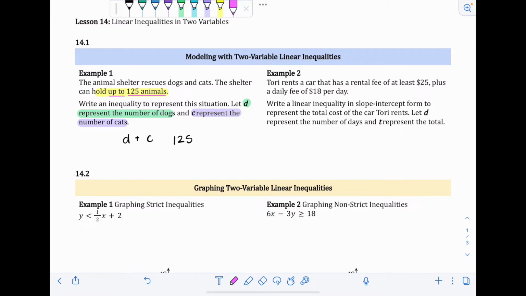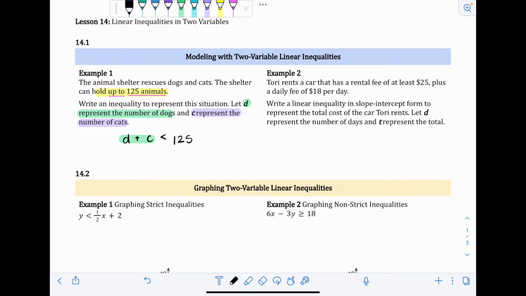So does up to 125 mean that it can be more than 125? Does it mean it's exactly 125? What does that mean in terms of an inequality? Up to means we can hold 125 or anything less than 125. So we want to write that the total number of dogs plus cats is less than, with the point of the inequality going to the dog plus cat.